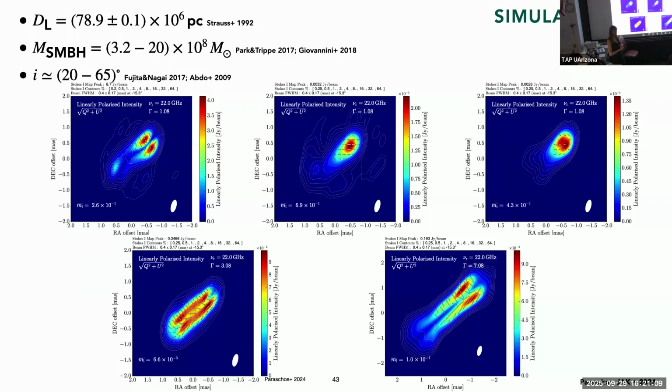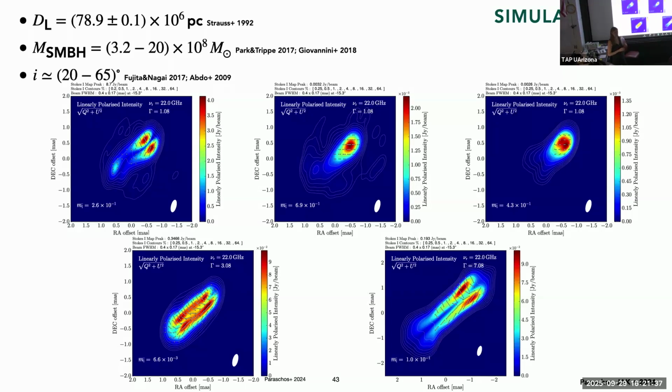Currently for SS433, we are kind of puzzled because the poloidal magnetic field reproduces the observations the best, because we do see this in X-ray, the standing feature where the jet starts to evolve from SS433.